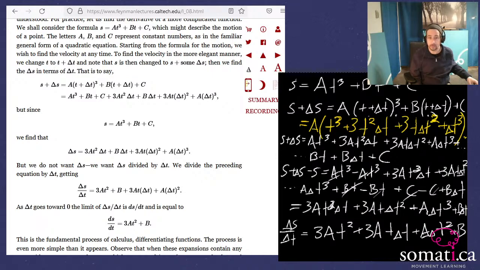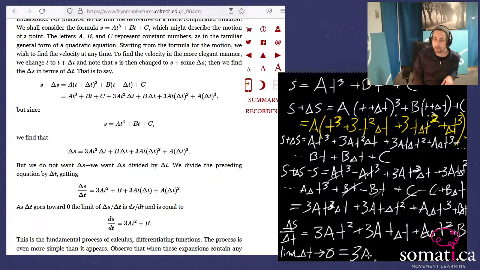And then as delta T goes to the limit of 0, right. So the limit as delta T approaches 0.